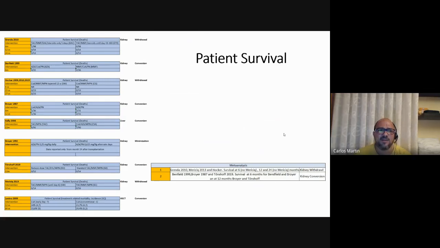And we have the study from Breuer, 1992, which is a special study. The randomization here was done 14 months after transplantation. That means that all the people suffering any of the outcomes before the 14th month are not included in the study.